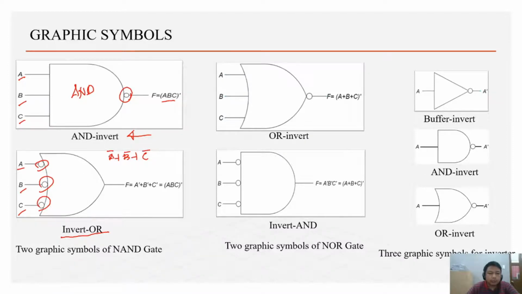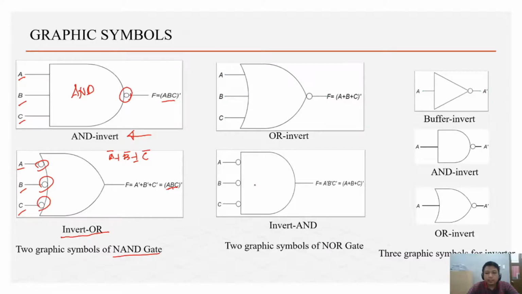Now if we are going to factor out the prime, we have A, that is the invert of A, and the invert of plus is AND. B prime will be B, again OR is AND, and C prime inverted would be C. So factoring out the prime will give us (ABC) prime. So that is the two graphic symbols for NAND gate.